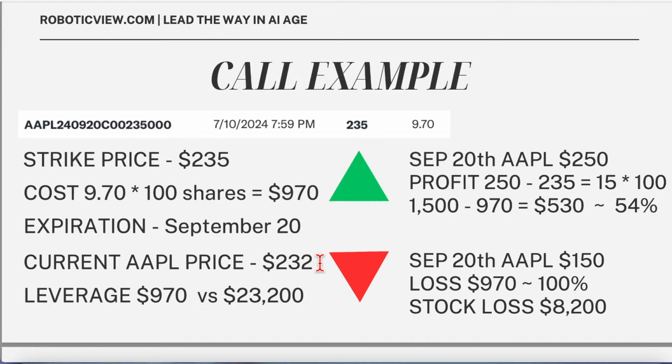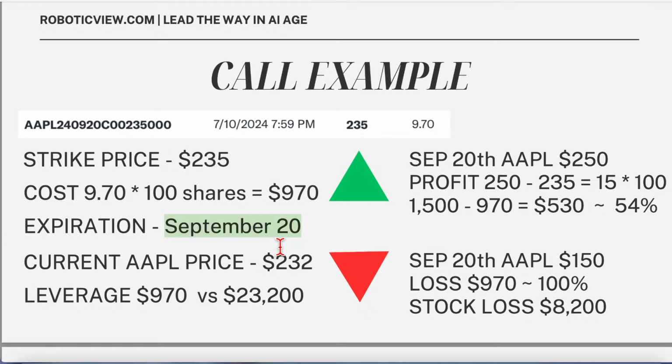So there are two outcomes: this stock might go up, or it might go down. You never know. What we're trying to figure out is whether it will go up or down by September 20th, because a stock could go rapidly up, or could go down.